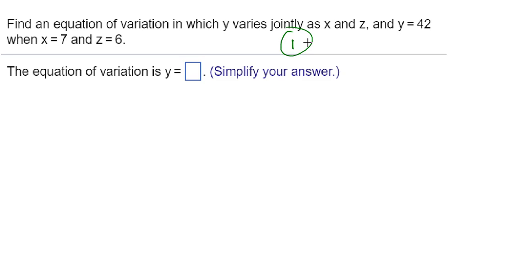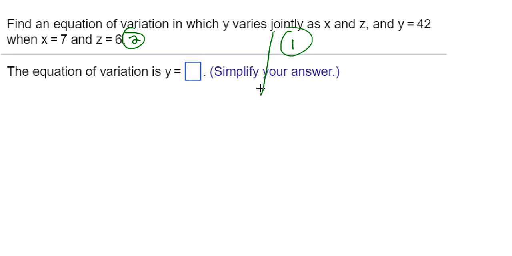It's using the same exact variables that we have memorized in our definition. And then y equals 42 when x is equal to 7 and z is equal to 6. That's level 2. Numbers for us to plug in so we can solve for k. And then we'll find the constant and we'll put that in our equation, and we'll have an equation. It doesn't go on to ask us any questions, so this problem stops at level 2.